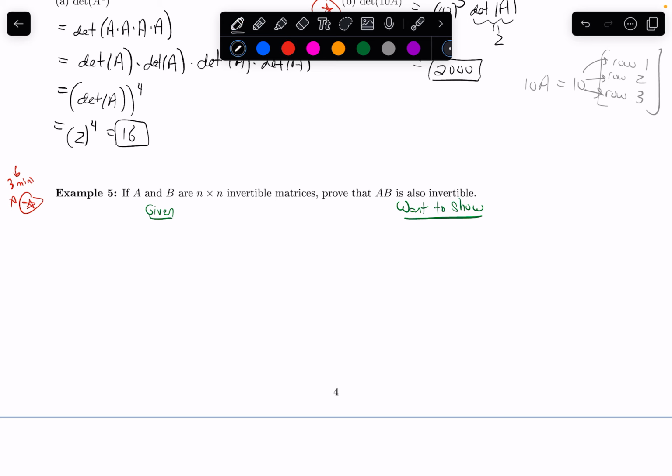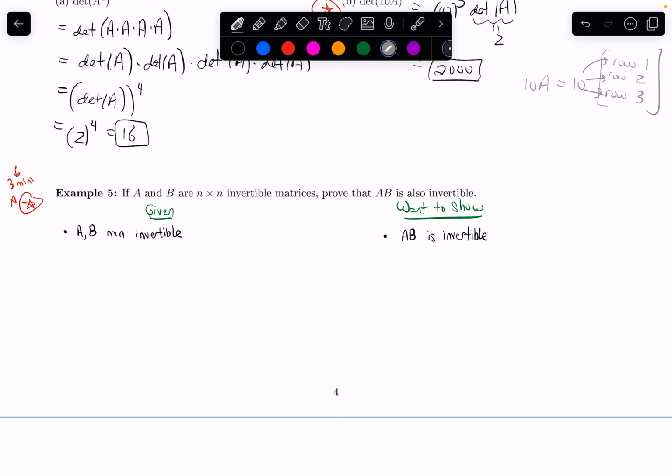So we are given, I'll put a bullet point, that A and B are n by n invertible matrices. So they're n by n and they're invertible. And I am trying to prove that A times B is invertible. Now that we have determinants at our disposal, they give us a very powerful tool to test for whether a matrix is invertible or not.